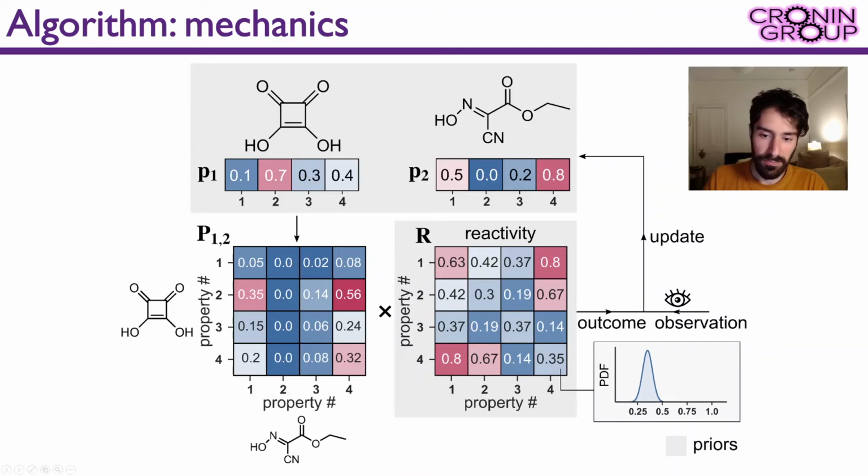And so you can then put all of these together and find out what the final probability of observing any sort of reactivity is, and check that against the observation. So use the observation to condition all of these, so the P1, P2, and R matrix.